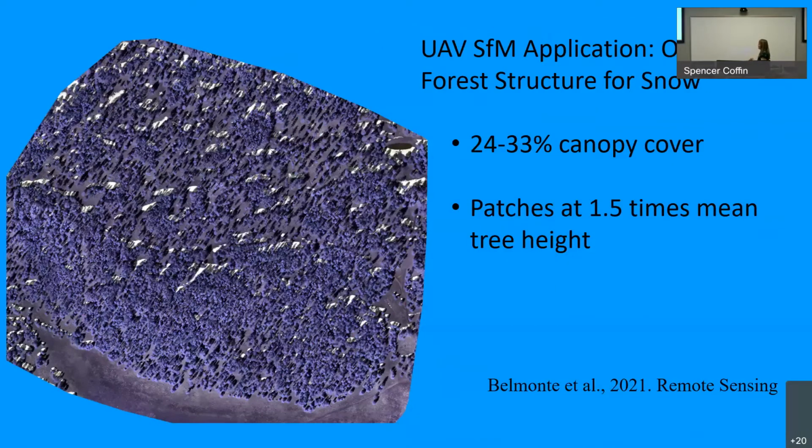What we're finding is that optimum forest structure is about 24 to 33% canopy cover, and the patches need to be about 1.5 times bigger than the mean. So that's this. The second part of the information is what we're getting from the structure from motion.